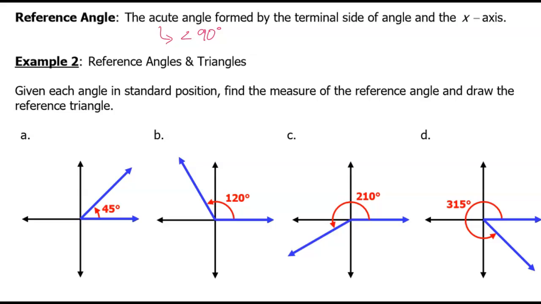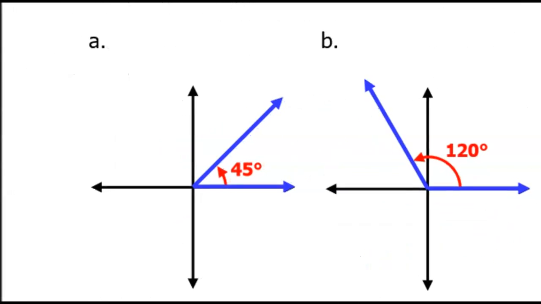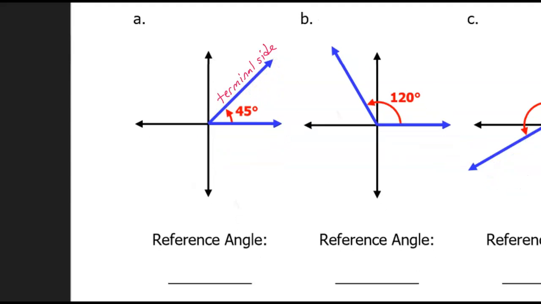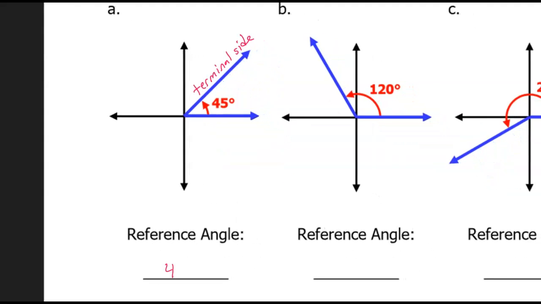So it is the acute angle formed by the terminal side of our angle, wherever it is, and the x-axis. So here, our terminal side on part A is here. What is the acute angle between the terminal side and the x-axis? 45. That is our reference angle.